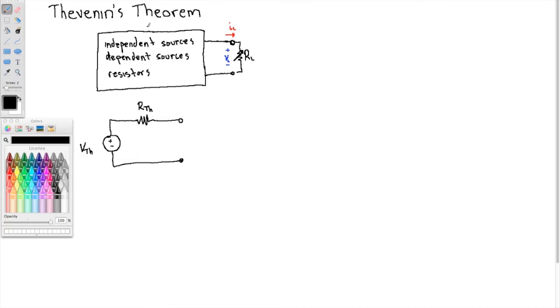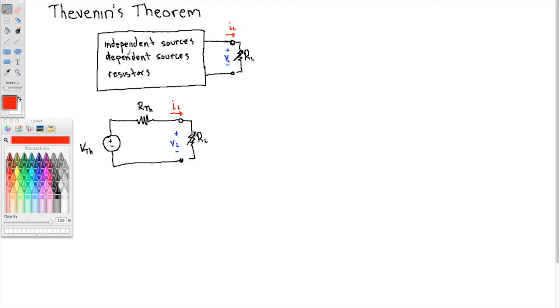So Thevenin's theorem says that any circuit with independent sources, dependent sources, and resistors can be reduced to an equivalent circuit like this. Remember what equivalent circuit means: the voltage-current relationships stay the same. So these voltages and currents will be the same as in this case if I do the transformation correctly.